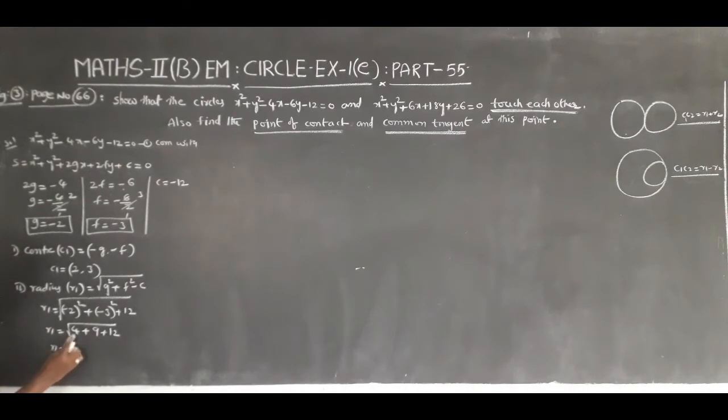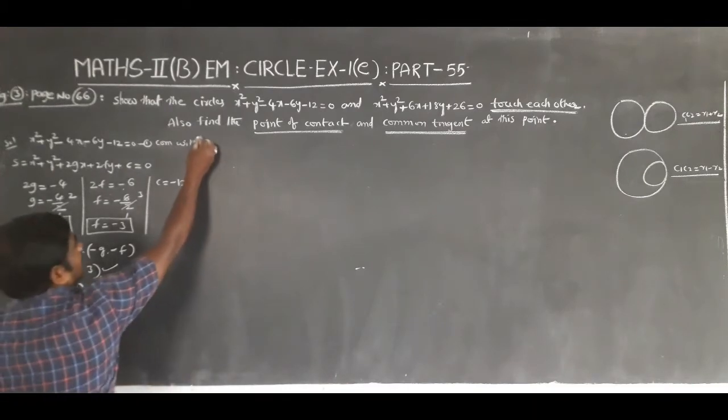R1 is equal to under root of 4 plus 9 plus 12, 4 plus 9 is 13, 13 plus 12 is 25. Root 25 means 5. Therefore, R1 is equal to 5. This is the center and radius of the first circle.